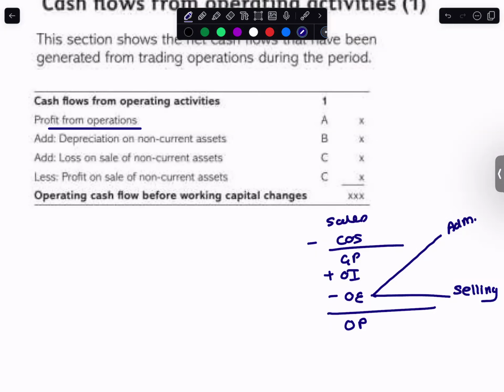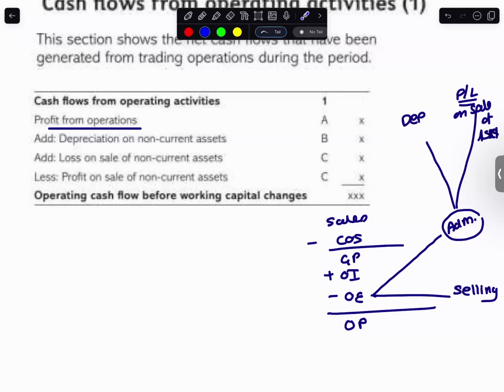Administration expenses includes two things. It includes depreciation and it also includes profit or loss on sale of assets. That means when I arrived at the operating profit, I have deducted depreciation and I have also deducted profit or loss on sale of asset.